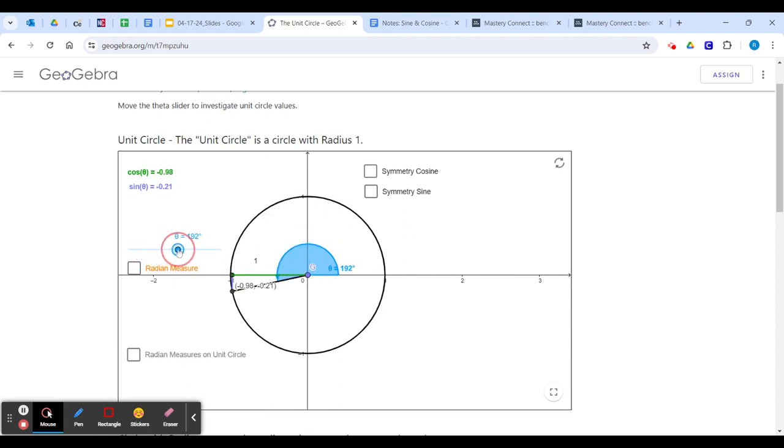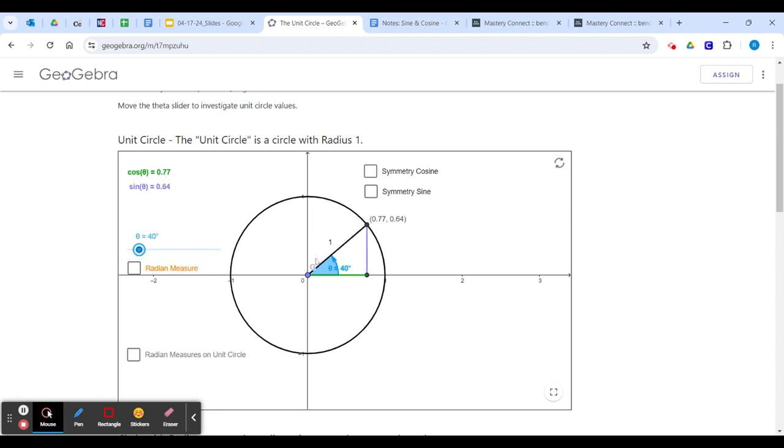And it flips and mirrors as we move around our circle until we get back to 0 or 360. So we notice here we have a very short and wide triangle. As we get close to 90 degrees, we have a very tall, skinny triangle. And that repeats throughout our circle. Some key features.